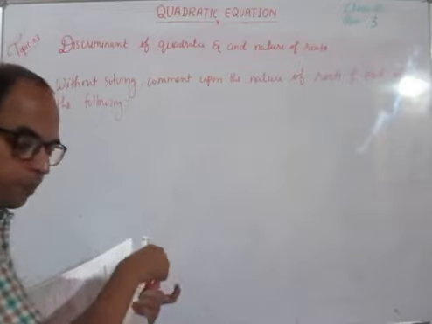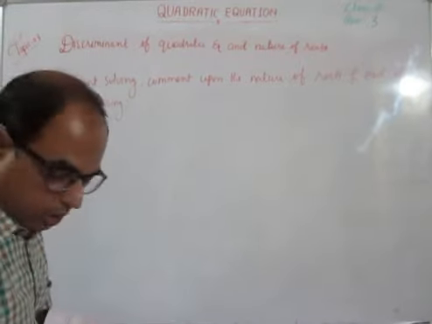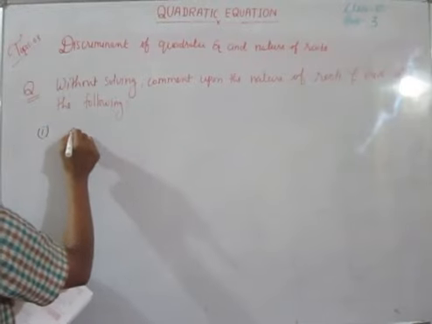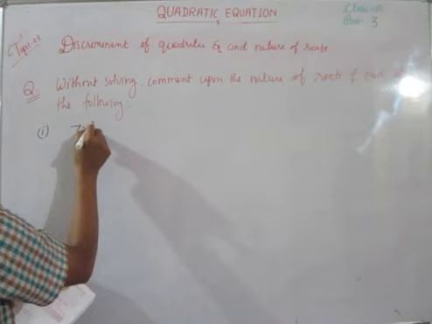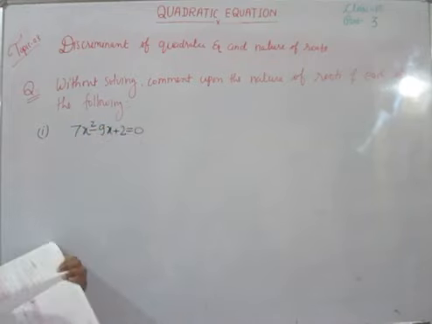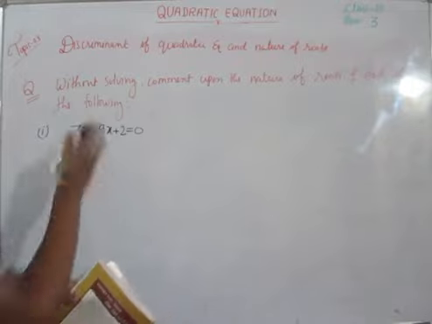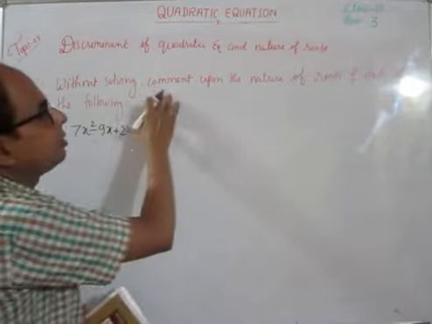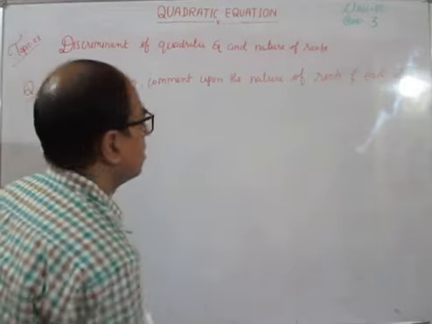So the first question is 7x square minus 9x plus 2 equal to 0. This is a quadratic equation. Now without finding the roots of this quadratic equation, we have to comment upon the nature of roots.